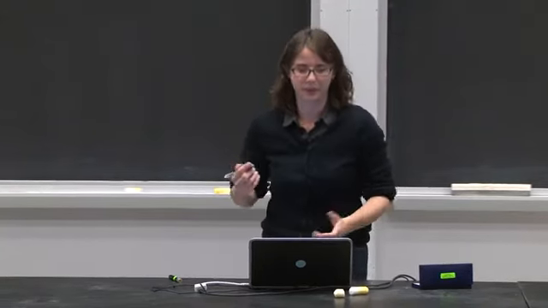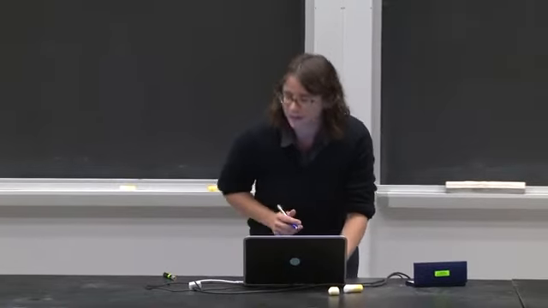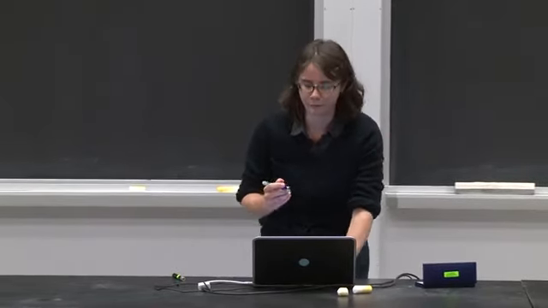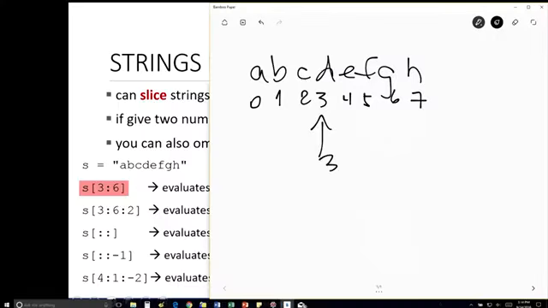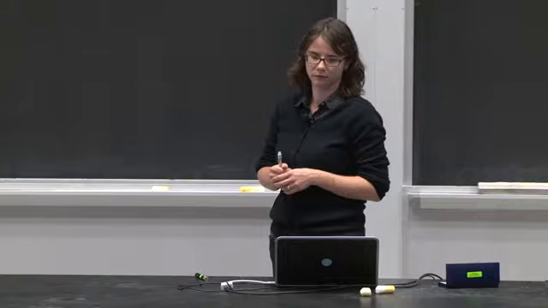And you just count. So starting from 3 and going till 6, is going to start here, 3, so it's going to come up with D, and then we're going to take E, and then we're going to take F. And since we're going until stop minus 1, we're not going to take G, because this is position 6, and we're going until 6 minus 1, okay?